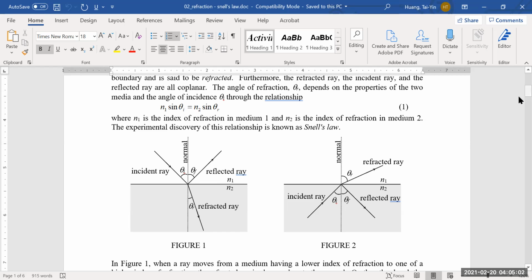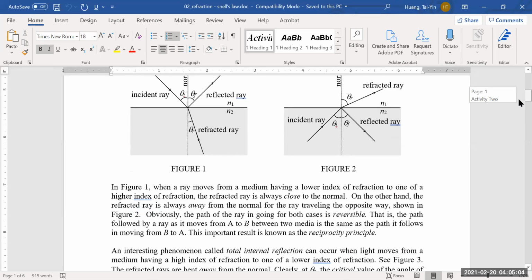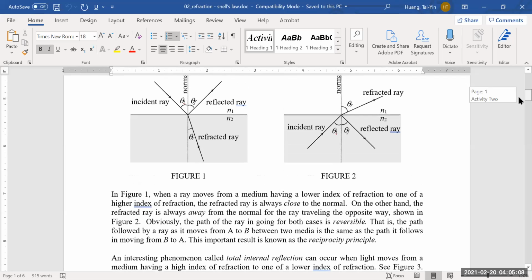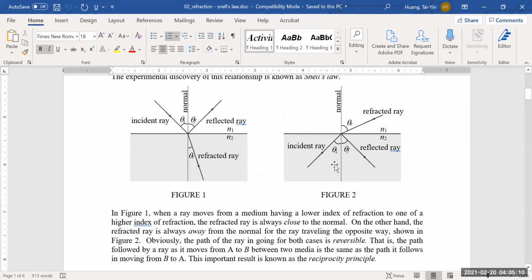An interesting phenomenon occurs when you have a light ray in a material that has a higher index of refraction. After a certain angle, the refracted ray will disappear. That angle, when the refracted ray disappears, is called the critical angle.